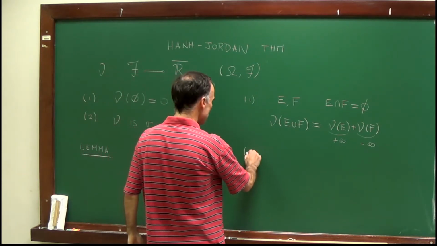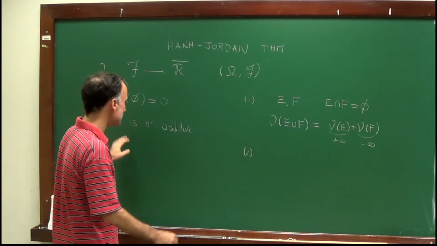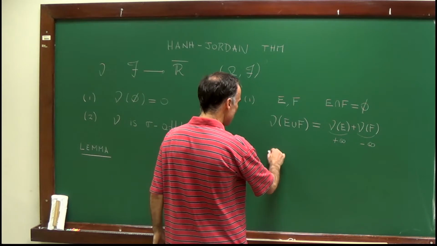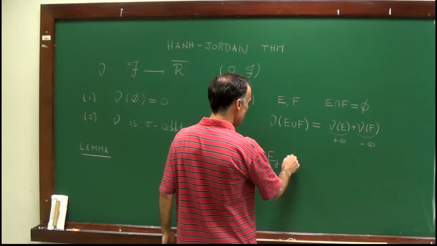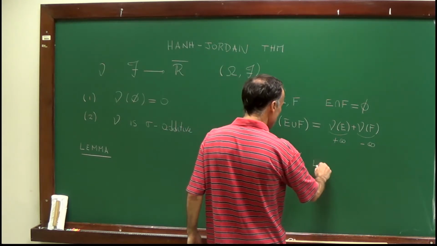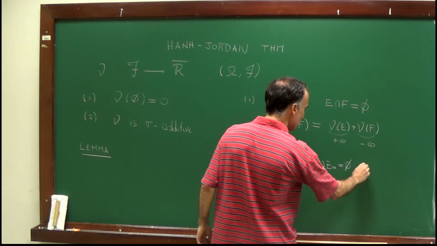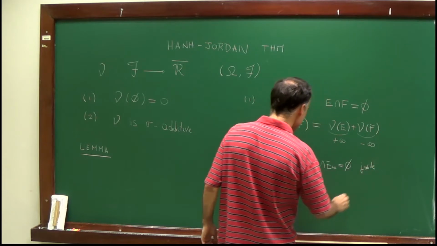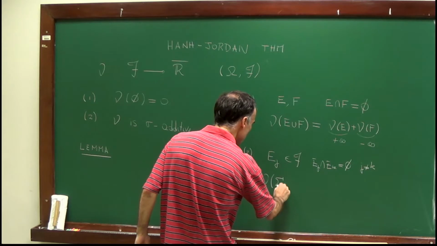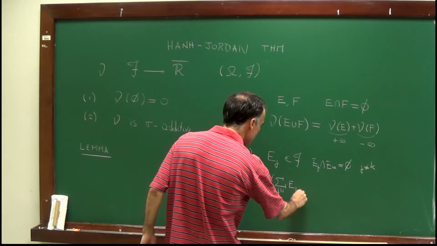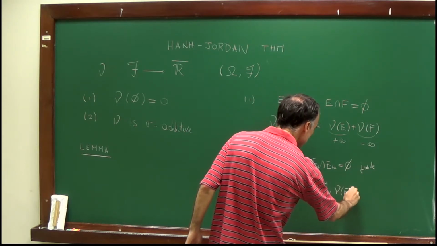There is also a second consequence of this fact. Since nu is sigma additive, consider a sequence Ej of sets in F which are disjoint two by two. So the intersection of Ej and Ek is empty for j different from k. Then by sigma additivity, nu of the sum of Ej is equal to the sum of nu of Ej.